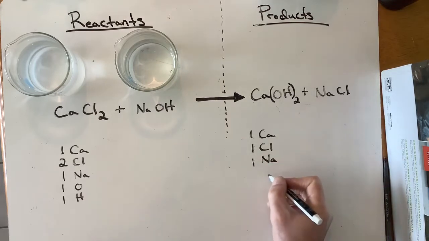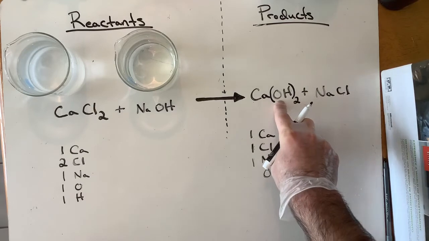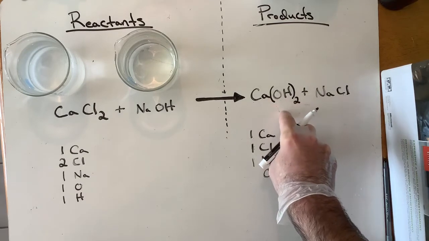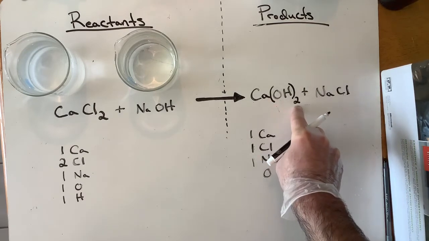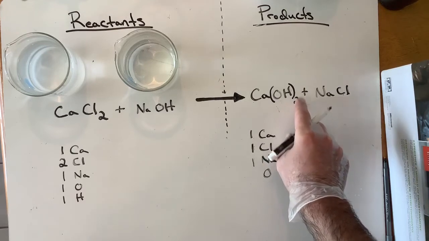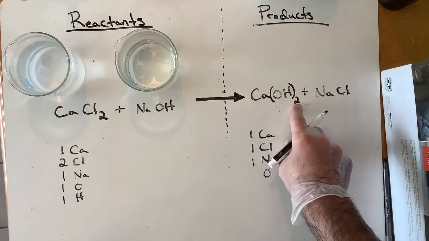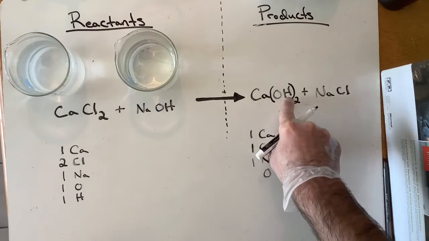How many oxygen atoms do I have? Now I've got oxygen in these parentheses, and I've got a subscript of 2. This 2 is referring to everything inside the parentheses, so I have to distribute the 2 to both of these elements.